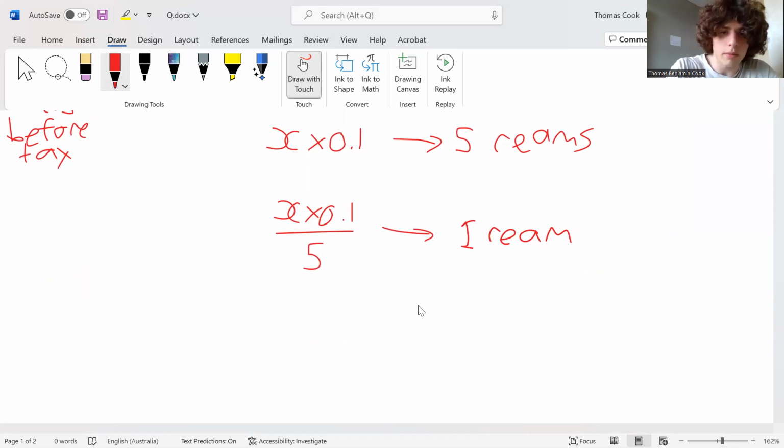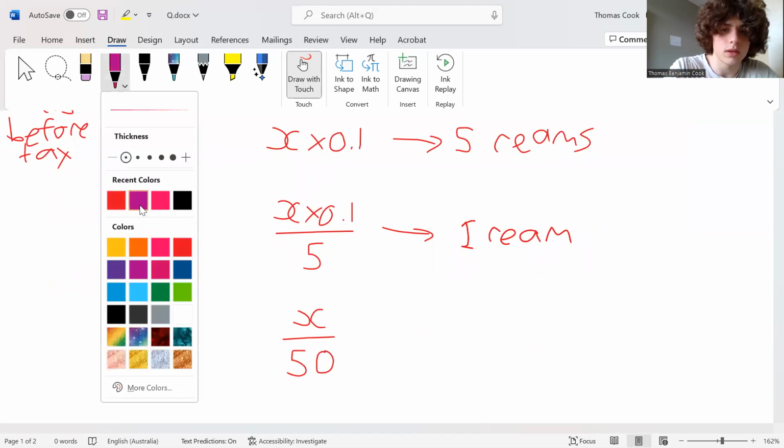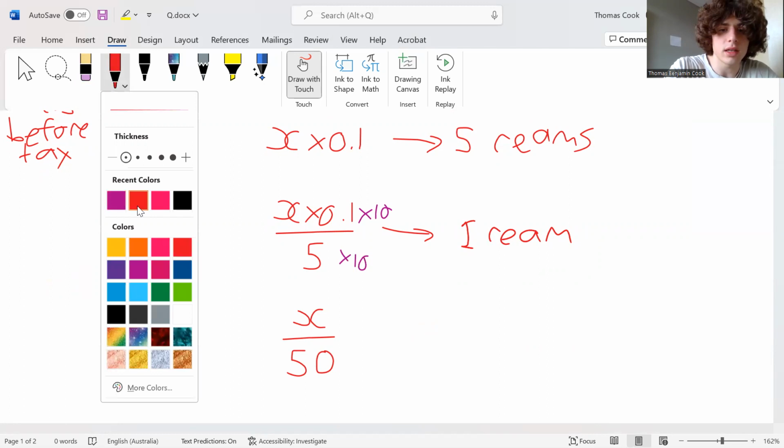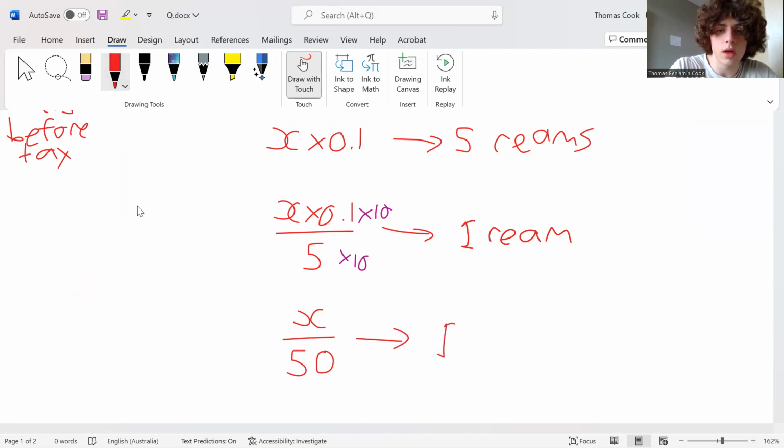So the 10 cancels the 0.1 on the top, and we get x on 50. And that is the cost of 1 ream, keep in mind, before tax.